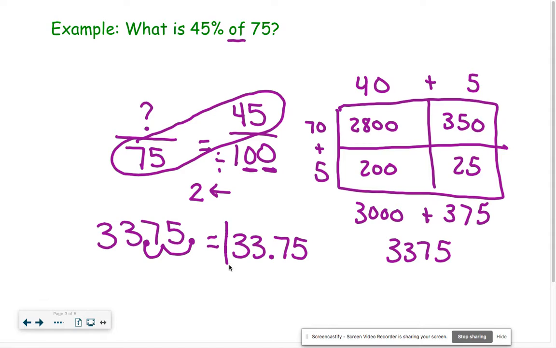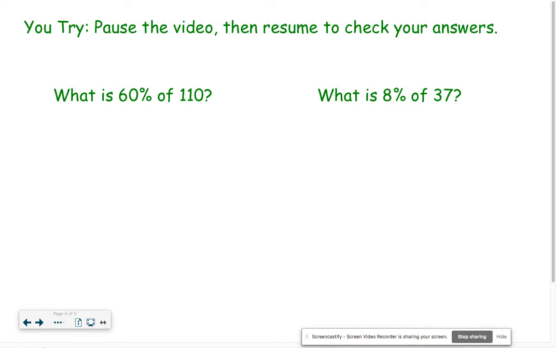And that is our answer. So what is 45% of 75? It's 33.75. Now it's time for you to try a few yourselves.